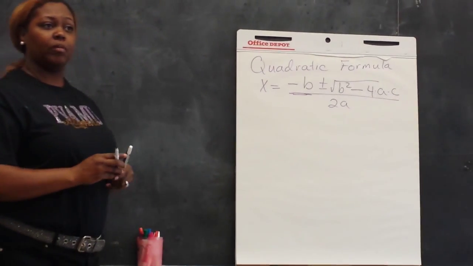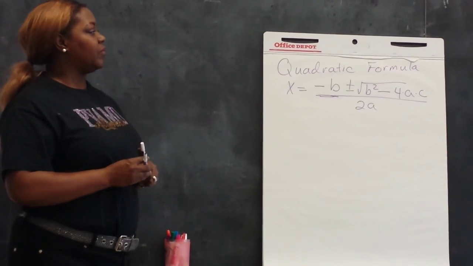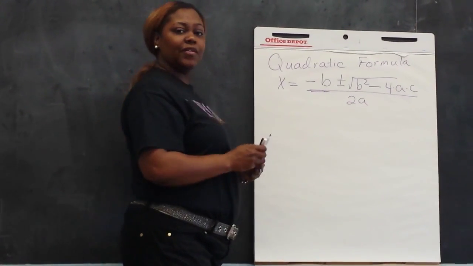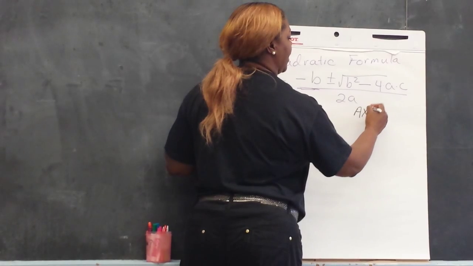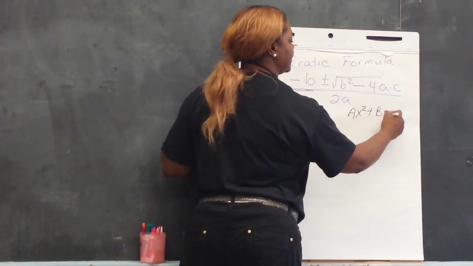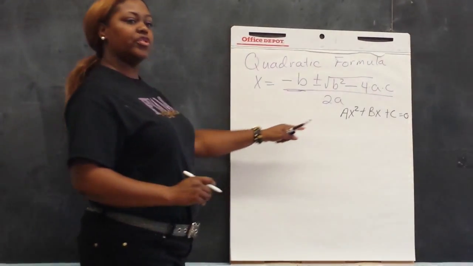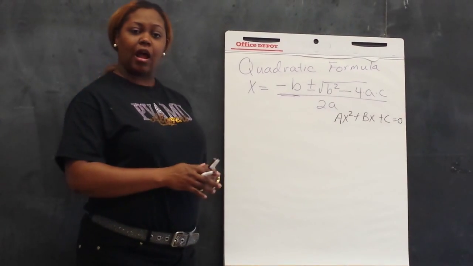That's the formula. The standard form of a quadratic equation, however, is ax squared plus bx plus c equals 0.